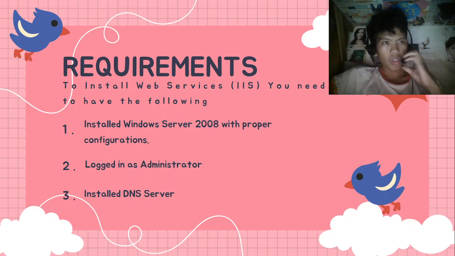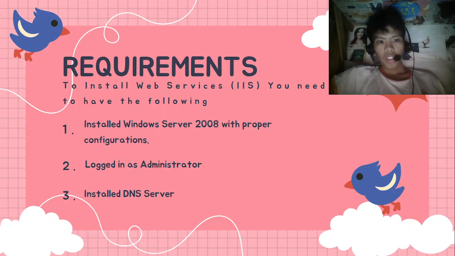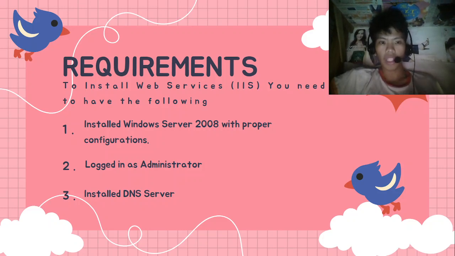You actually don't need to log in as administrator, but you need to have access in installing roles in Windows Server. Next is install DNS server. It is not necessary to install DNS server, but you need to have this in order to use the static IP address.